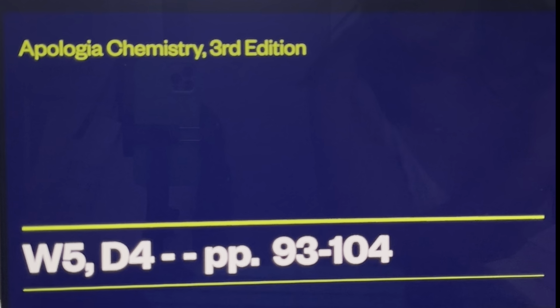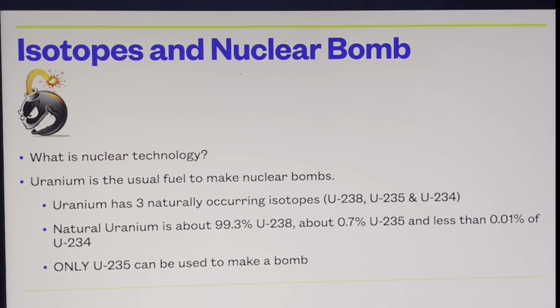A sample of natural uranium is about 99.3% U-238, about 0.7% U-235, and less than 0.01% U-234. Only the U-235 isotope can be used to make a bomb. For a nuclear bomb to work, the uranium used in this bomb must have a significantly larger percentage of U-235 than natural uranium has.